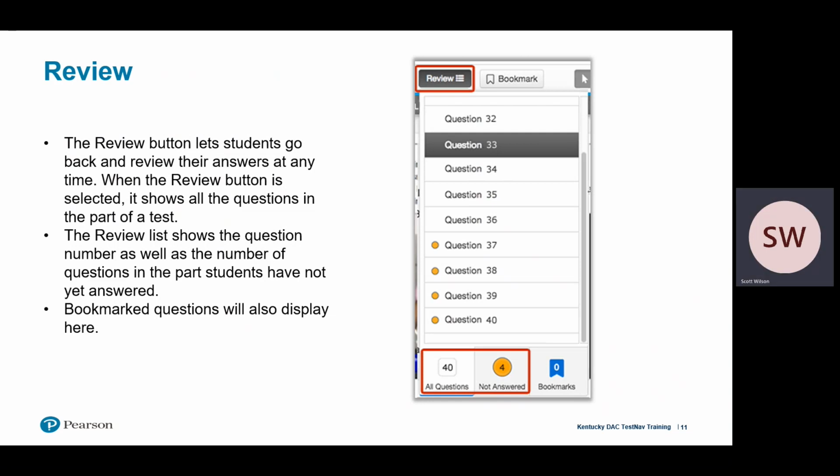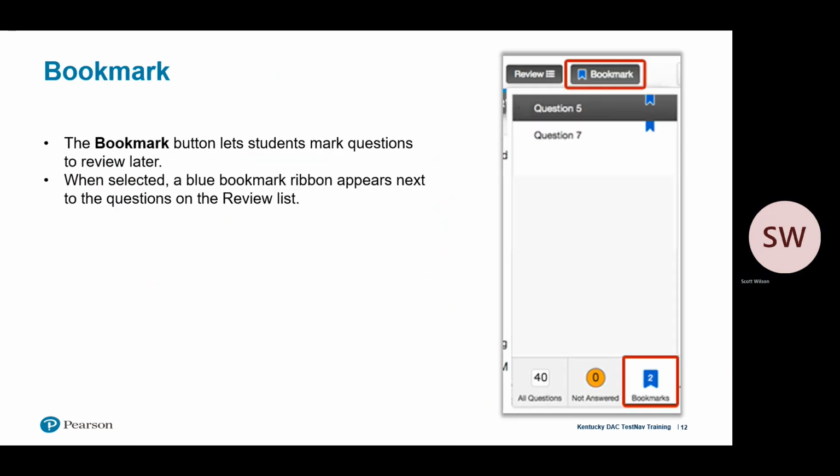Bookmarked questions will also be displayed here with a small blue ribbon. When a student selects to bookmark an item, they click the bookmark button and it will mark the item to review later. When that is selected, the blue bookmark ribbon appears next to the question on the review list.